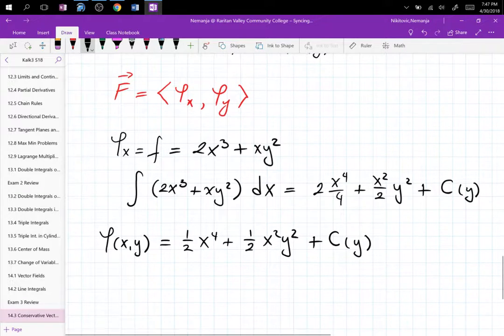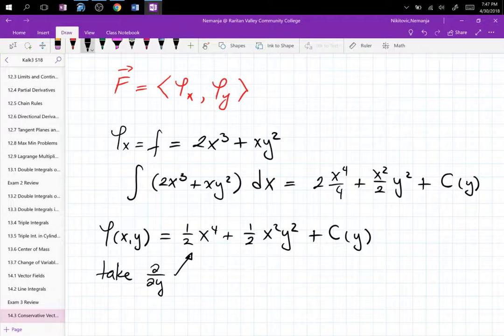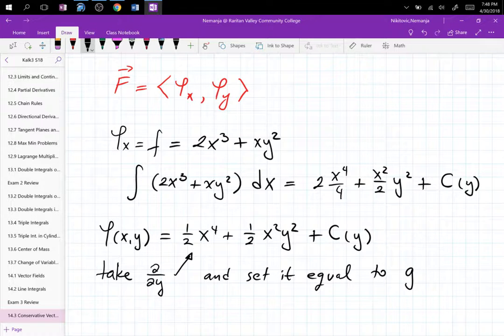Now, what I do is take the partial derivative with respect to y of this, and set it equal to g, which was also the partial with respect to y, and that will give me c of y.